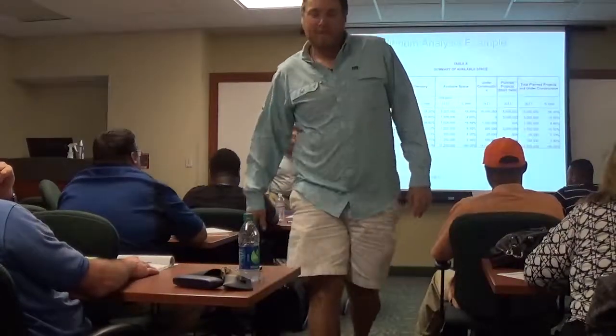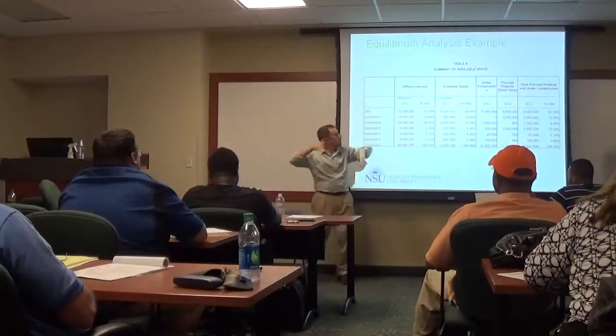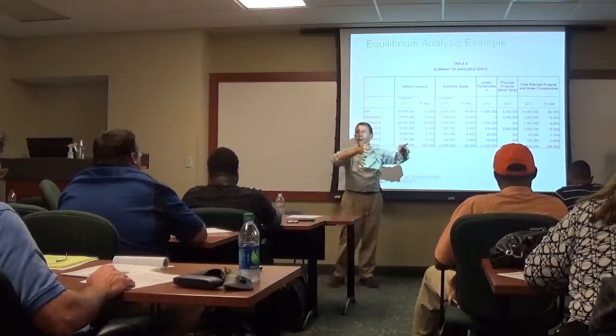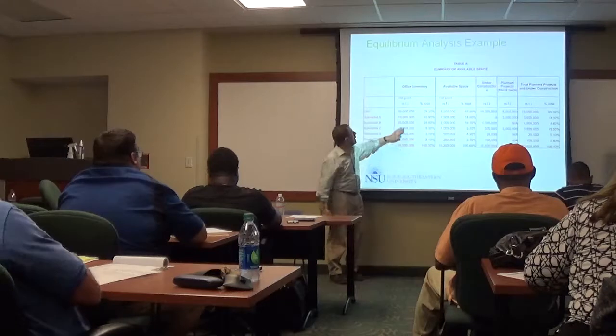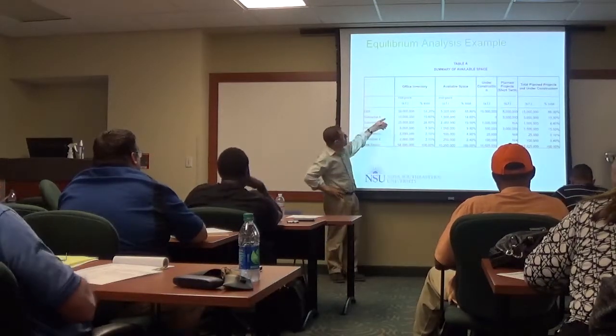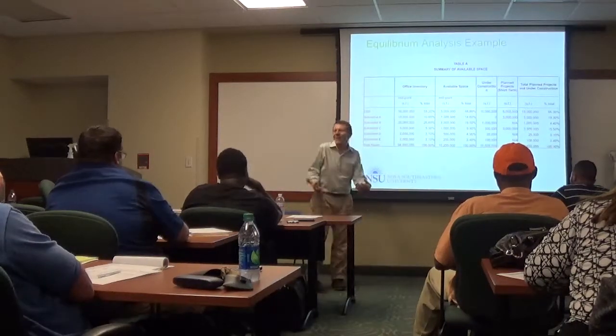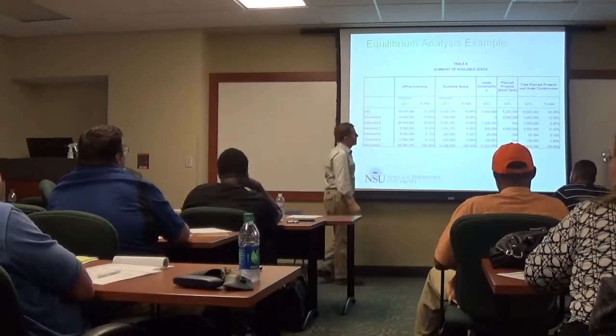Remember that slide before, we were talking about what's existing, what's under construction, what might be planned, proposed. And so, here's the existing office inventory. In this particular marketplace, 50 million square feet, that's a big downtown. It's kind of like a New York or some other place.